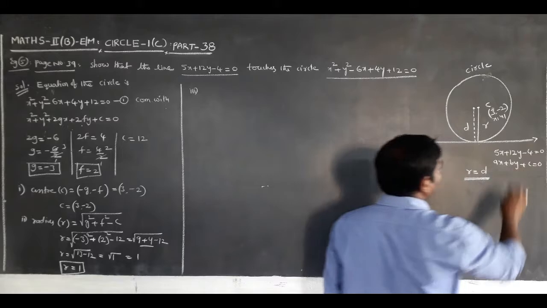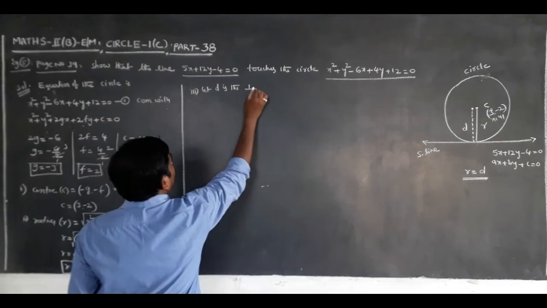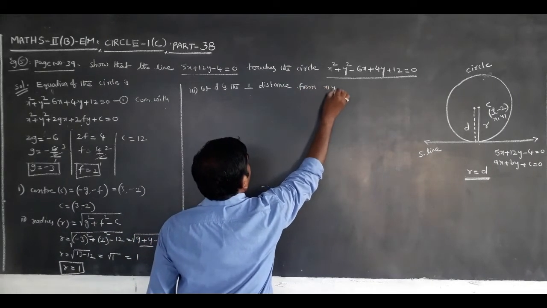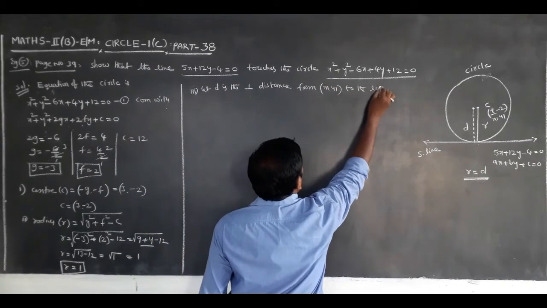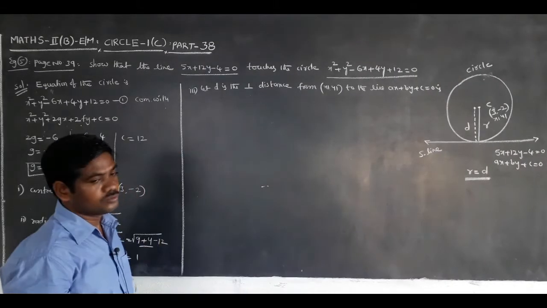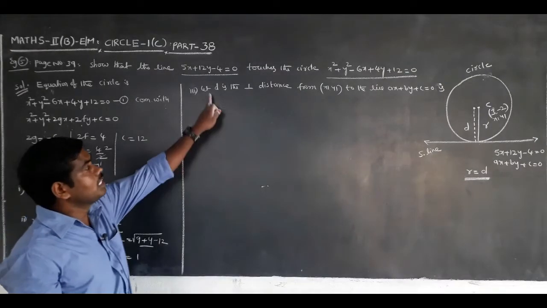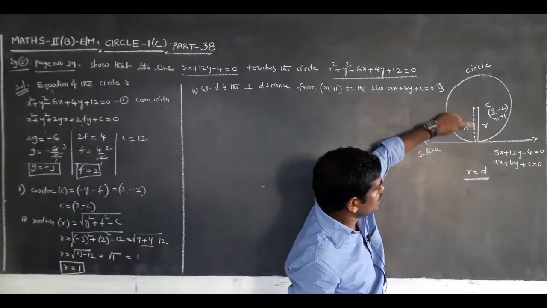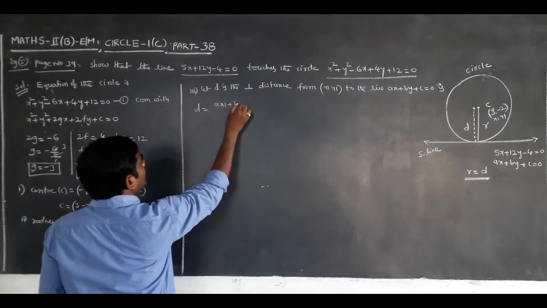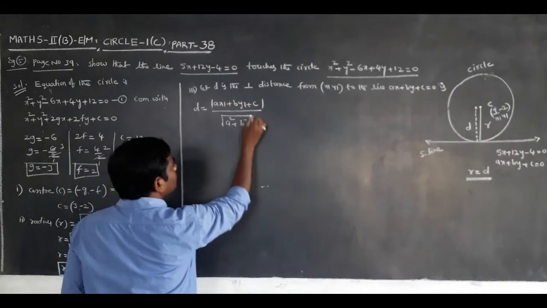Let D be the perpendicular distance from the point (x1, y1) to the line ax + by + c = 0. The D formula is D = |ax1 + by1 + c| / √(a² + b²).